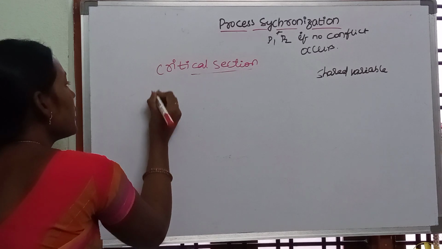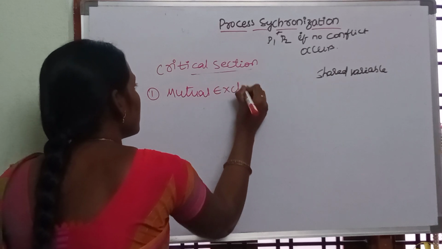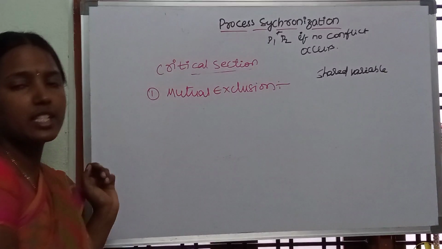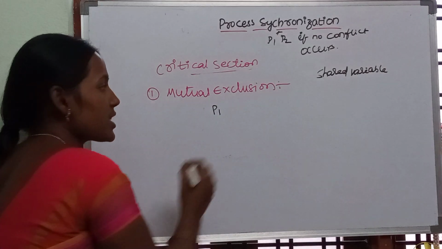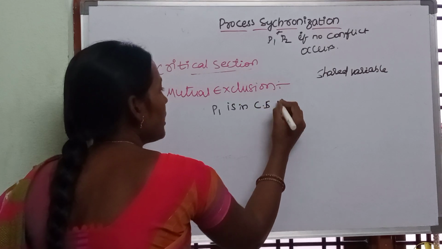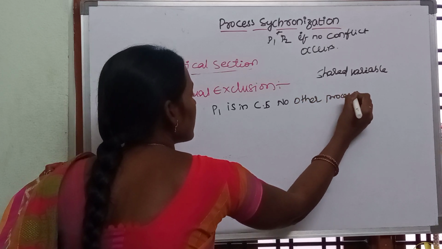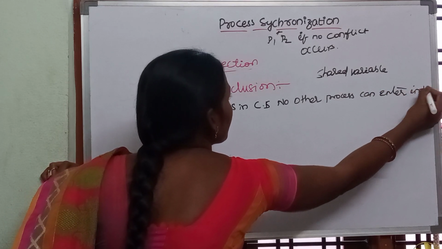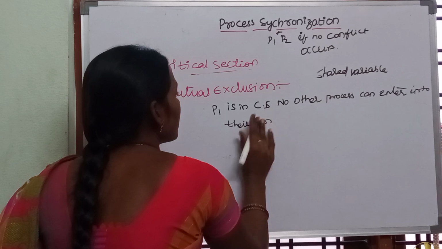The first one is mutual exclusion. Mutual exclusion is nothing but: when one process is in its critical section, no other process can enter into their critical section.